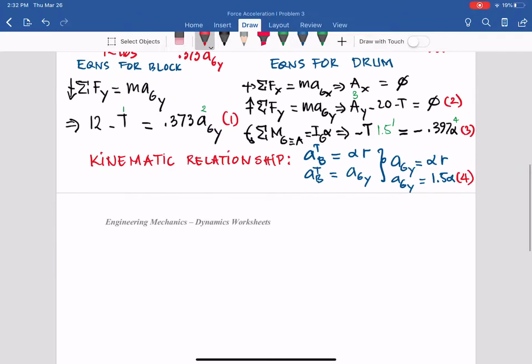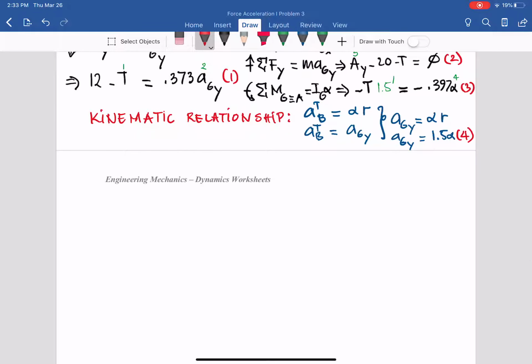So with that, we can quickly plug 4 into 1, and we have set up 3 equations, right?